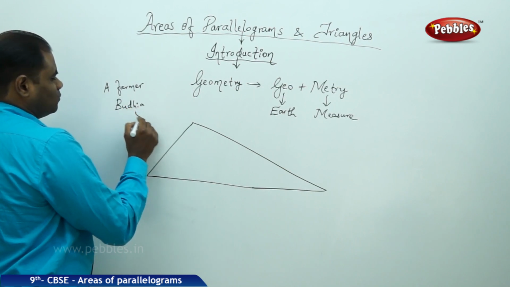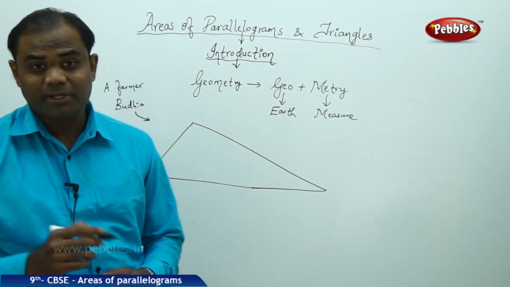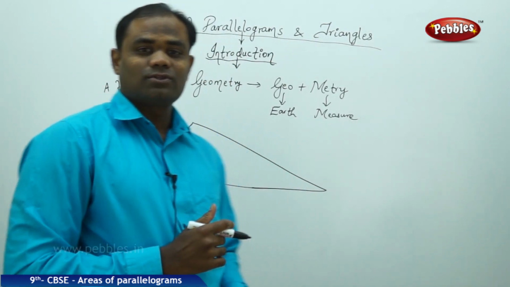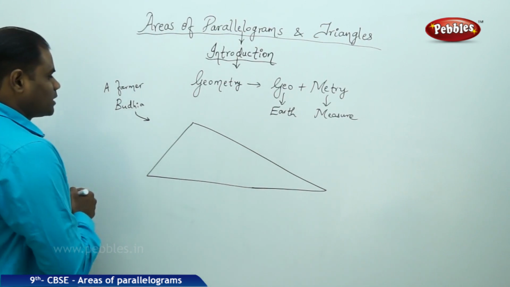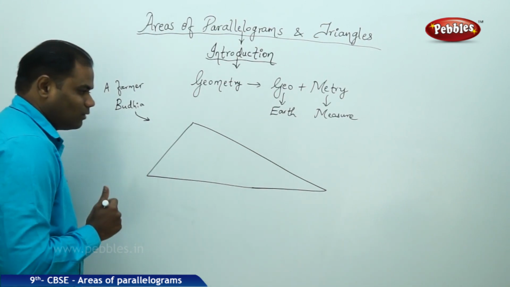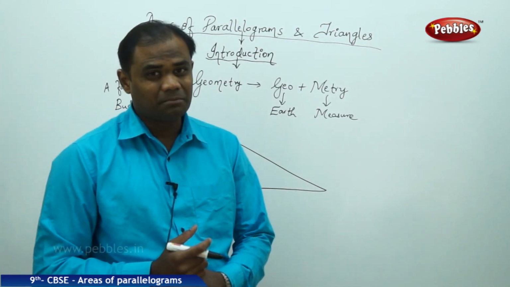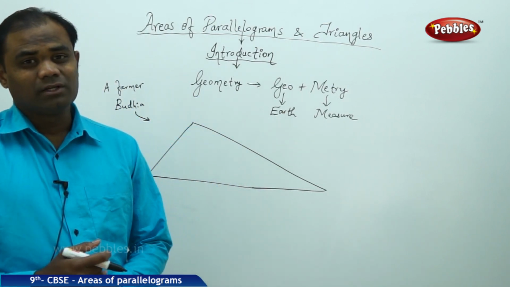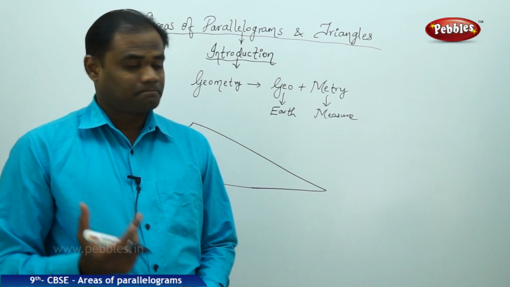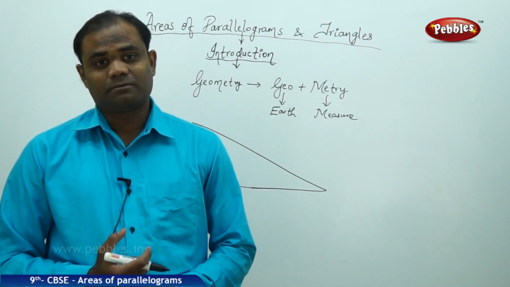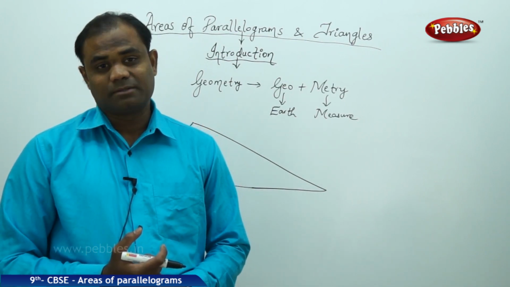Budhia wanted to divide his triangular piece of land into three parts so that he could distribute the land to his two daughters and one son. So how can he distribute this triangular piece of land equally to the two sons and one daughter without any disputes? This is to be done mathematically.